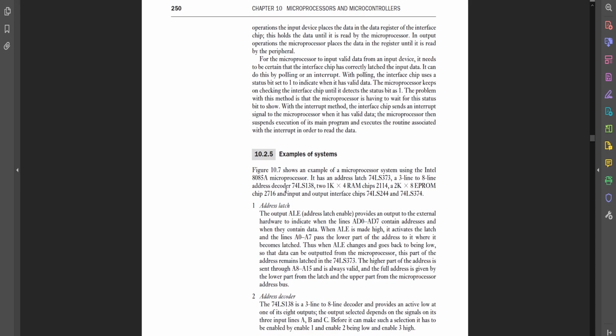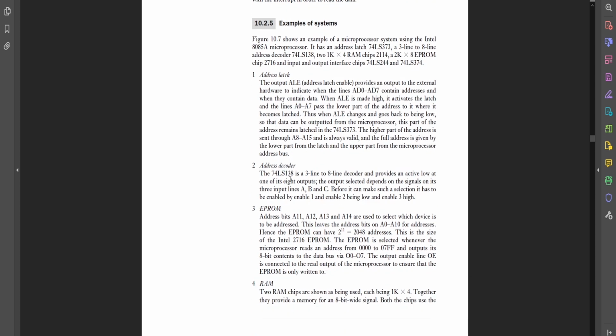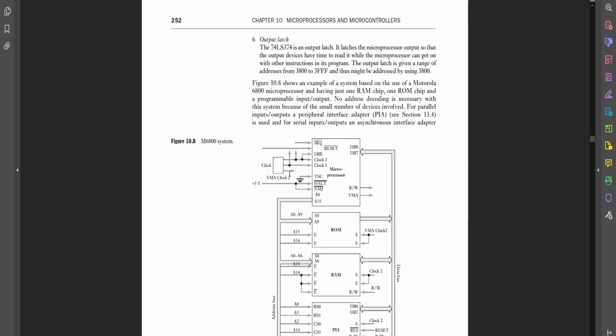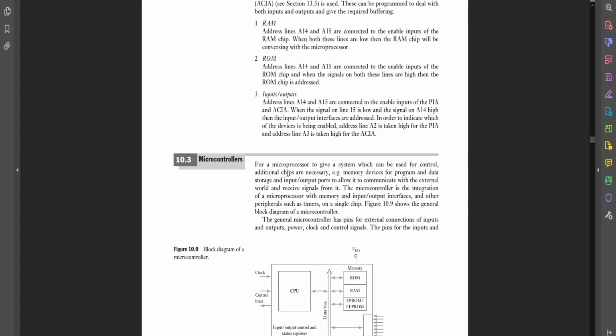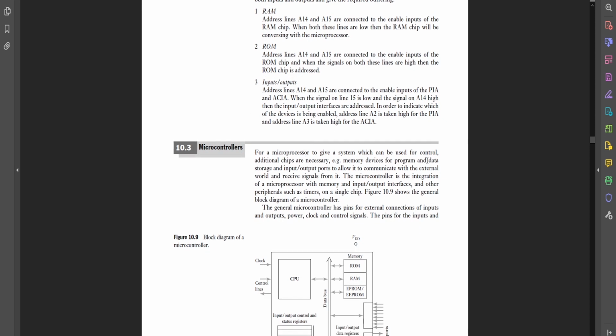Examples of systems, we're going to skip that. Microcontrollers. For a microprocessor to give a system which can be used for control, additional chips are necessary. That must be an error, because that doesn't even make sense.